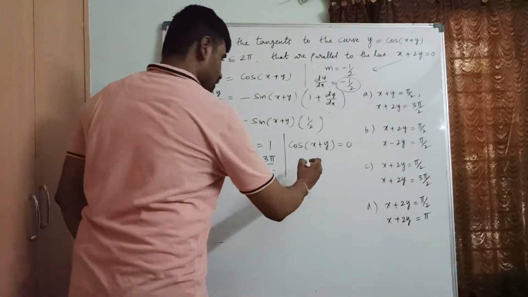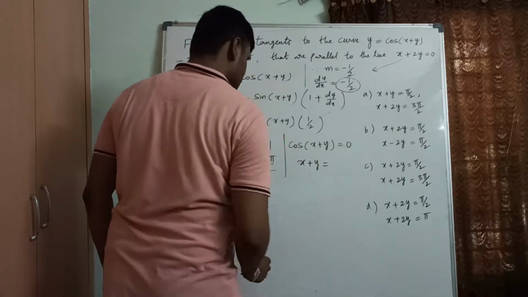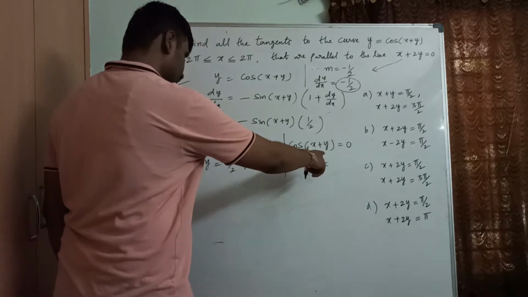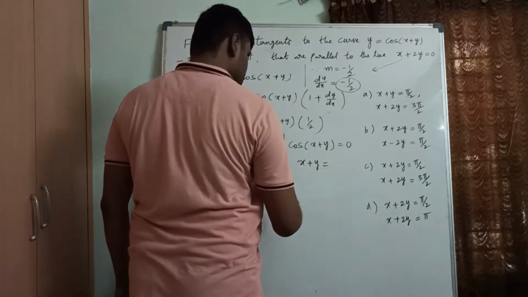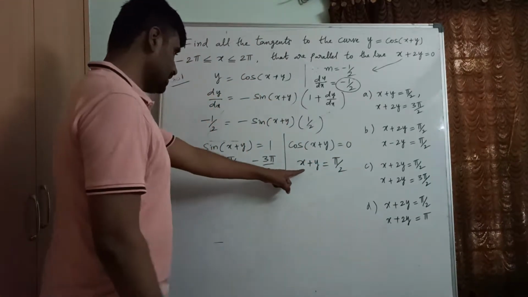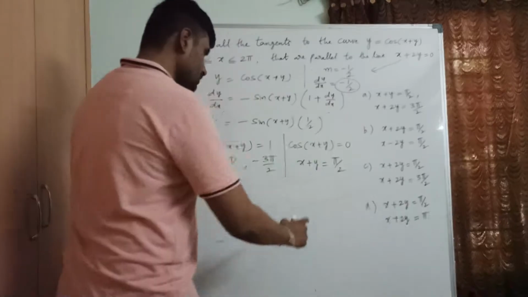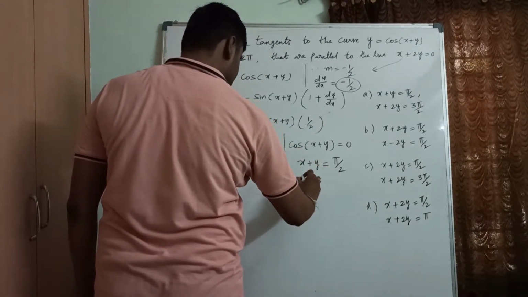Right? So, x plus y equals, here what will we get? Whenever cos of x plus y equals 0, x plus y equals 90. Correct? So from this, what will we get? Whenever x plus y equals 90, from this what can we write? Y value 0.